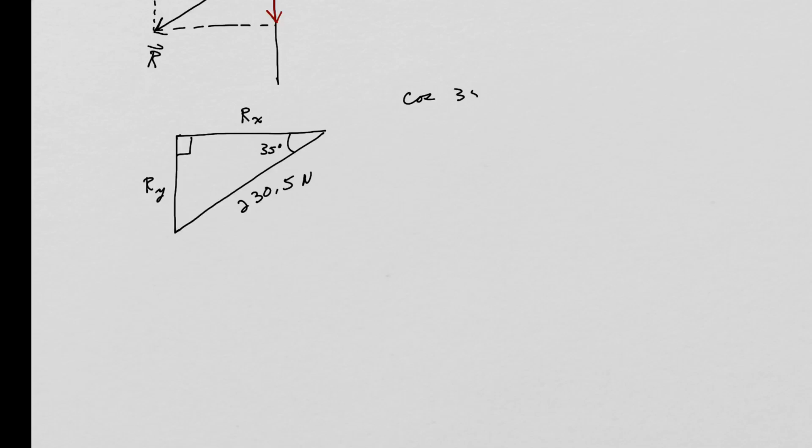So cosine of 35 then is going to be Rx over 230.5. And if I multiply both sides by 230.5, I'm going to find that Rx is equal to 230.5 times cosine of 35 degrees. And that turns out to be 188.8 newtons.